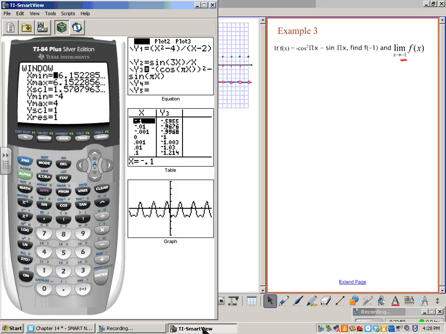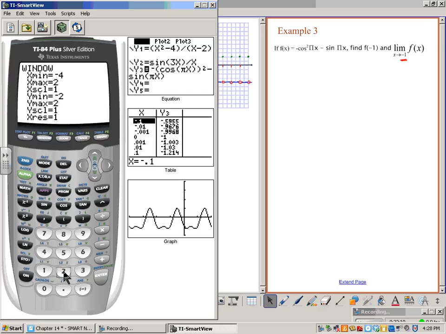My window. And this is probably more than what we need here too. Let's change our scale to 1. That'll be easier to see. And our y, we're definitely seeing more than what we need to, so let's change that to -2 and this to +2. Now you can see what we have.